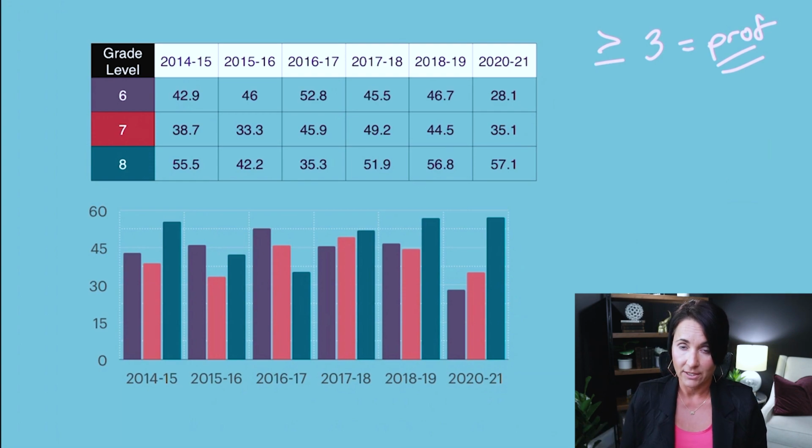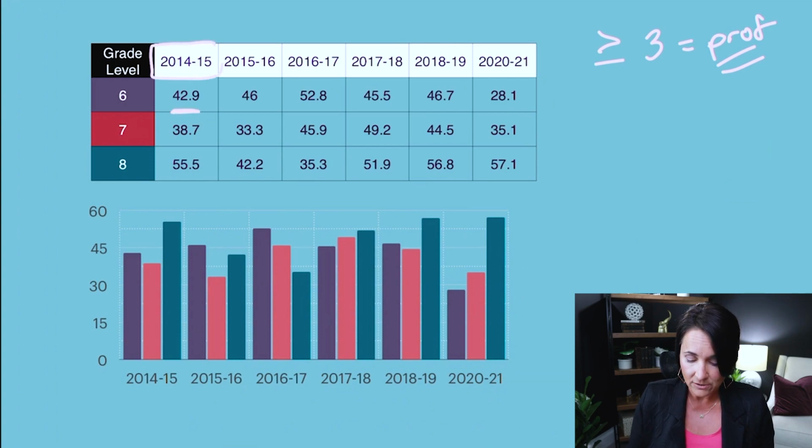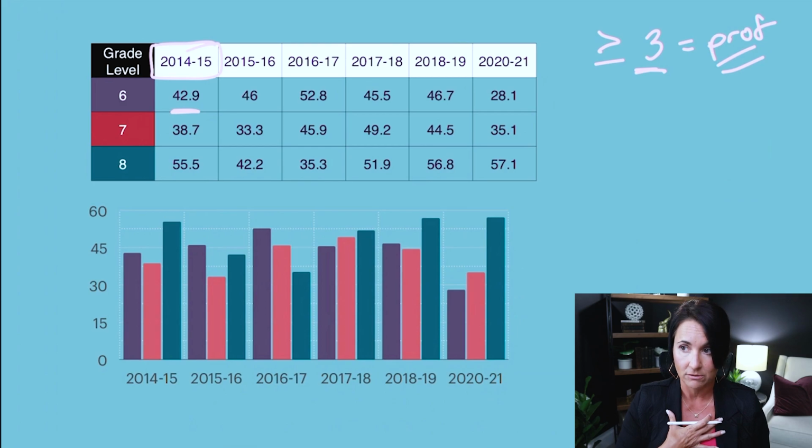So let me take a look at the table here. You can see that 42.9% in the year 2014-2015 were reading at a level 3 or higher. And for my state, a level 3 means that they are on grade level, they are proficient, all right? Now, you may have it explained a different way in your state.